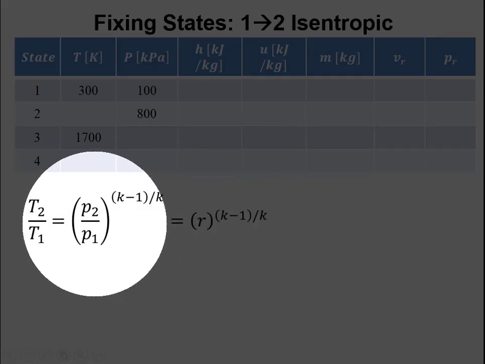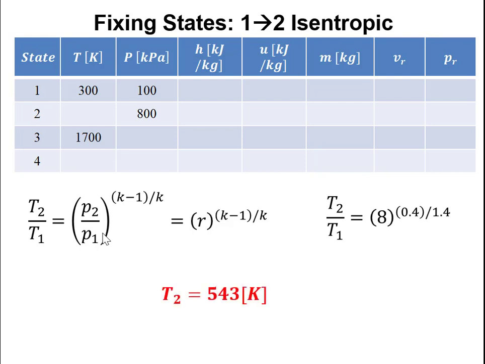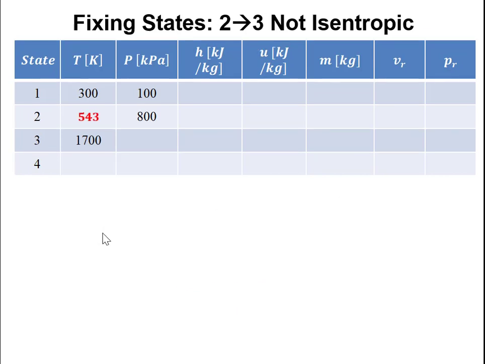And in this case, because I know the compressor pressure ratio, we're going to use this equation spotlighted on the slide. I know the compressor pressure ratio, P2 over P1, is equal to R, or 8 in this case. I can look up k for air, but I know that it's 1.4. And now I have an expression for T2, which in this case is 543 degrees Kelvin. And I can put that in my state table.